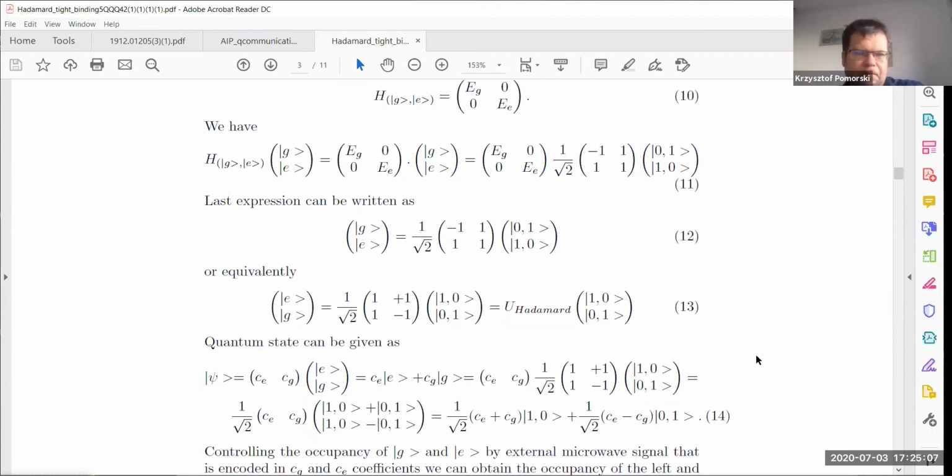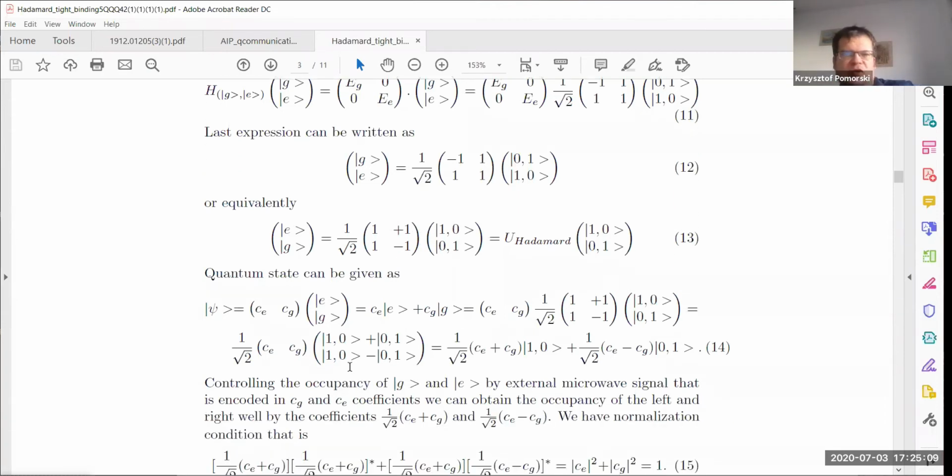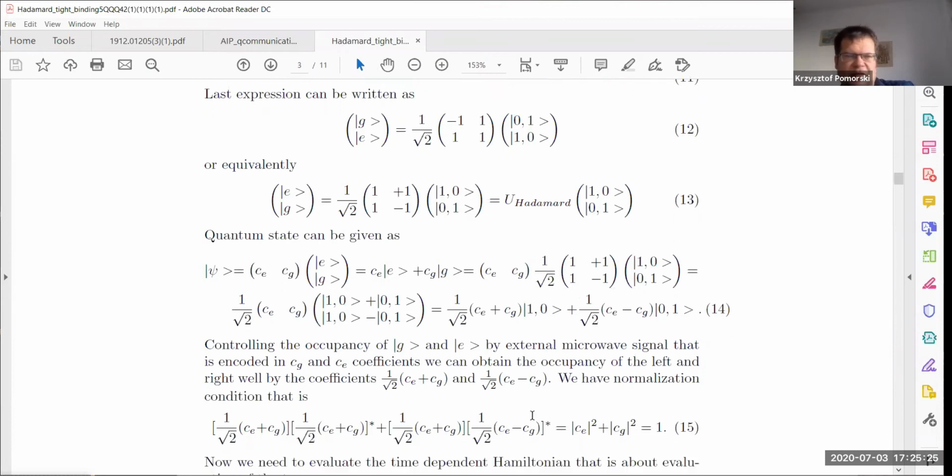So in the most general case, the quantum system can do it in such a way. And then there is this linear combination of excited and ground state, and again, we can express this in the form of the Hadamard matrix. So you see how this is expressed.